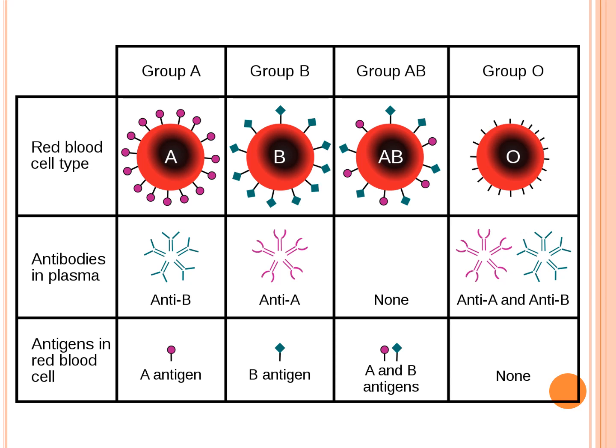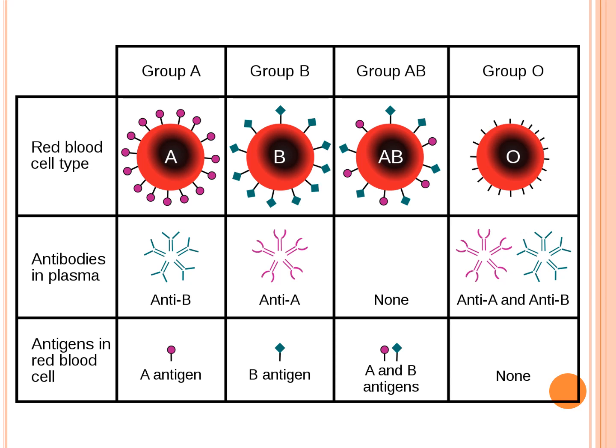Whenever you are learning about blood group, always remember when you are talking about antigens, antigen will be same as the blood group. Look at the first column, group A. A group will have A antigen. B group will have B antigen. AB group will have A and B antigen, and group O has no antigen.